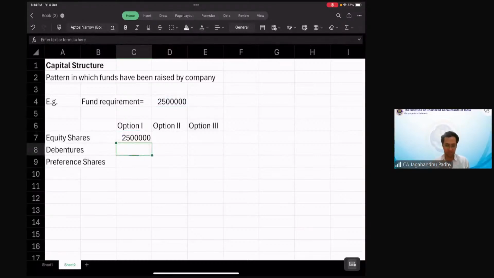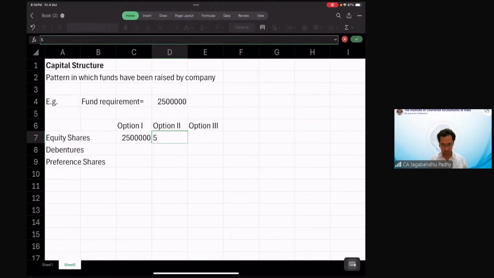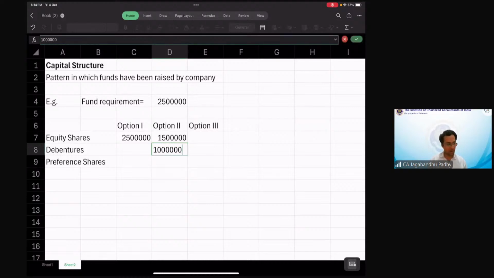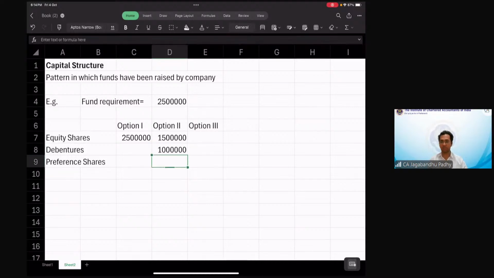by way of equity shares. The second option we say, equity shares, let's keep it as 15 lakh and raise 10 lakh by way of debentures.